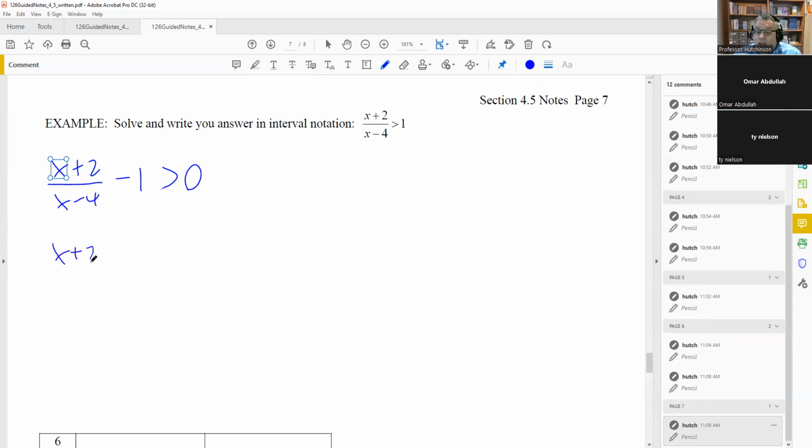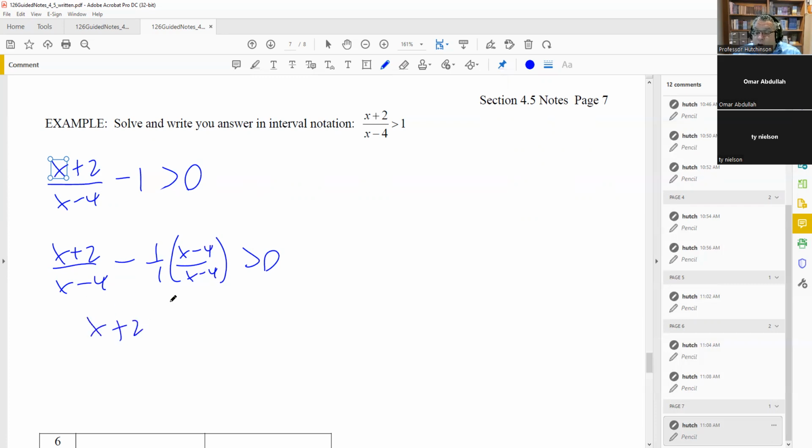But next thing we have to do is we don't have one single fraction. So we want to actually take this and get common denominators. I want to try to get this to be one fraction only, because that's how we can break this up and use the number line or table method. Okay, so I'm multiplying the 1 by (x minus 4) over (x minus 4).